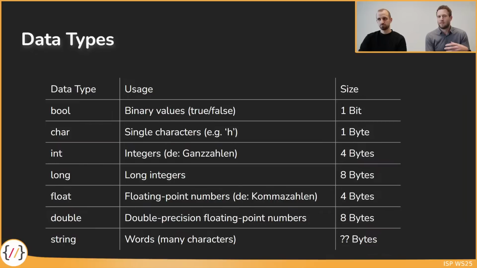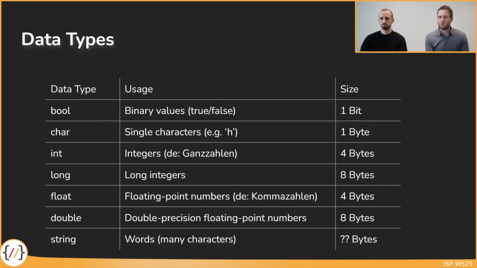So this is either 0 or 1, so it's either true or false. The next data type is called char, which is for characters. So we can store in a char variable just one single character, like this small h here. This character variable needs 1 byte, meaning 8 bits of size in our memory.